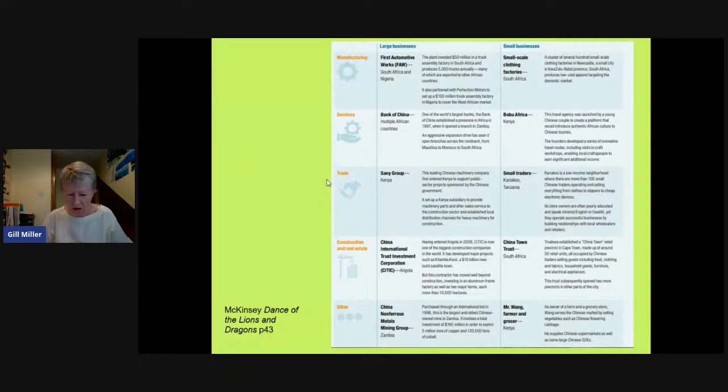Further down, as you go, you'll see the Sani Group in Kenya, machinery to establish industry. That's perhaps good news. At the very bottom, and quite notorious, is the China Non-Ferrous Metals Group. They established the Chambezi copper mine in Zambia.